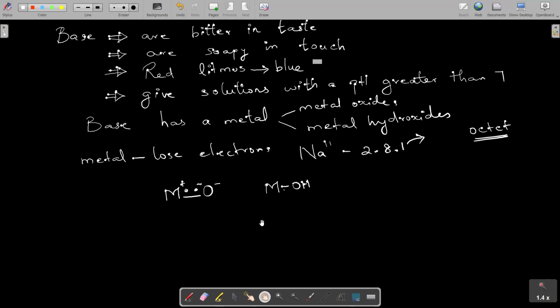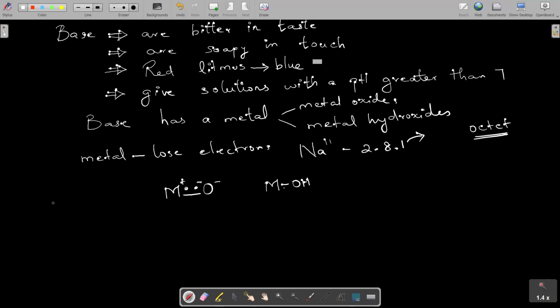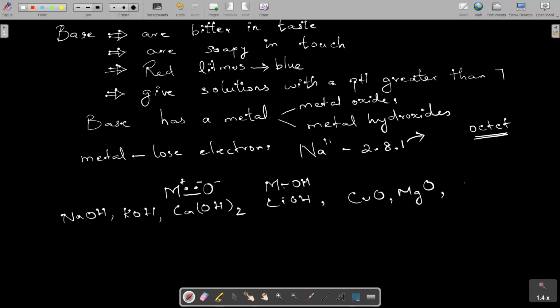You can give examples of a few bases like sodium hydroxide, potassium hydroxide, calcium hydroxide, lithium hydroxide. And oxides, let's take a few oxides like copper oxide, magnesium oxide, and calcium oxide.